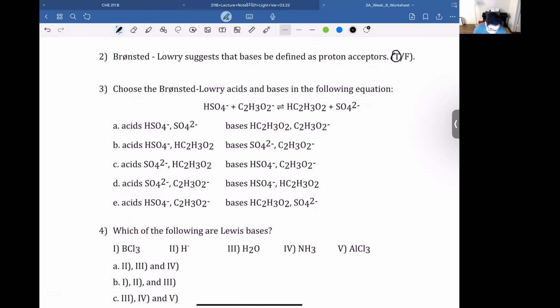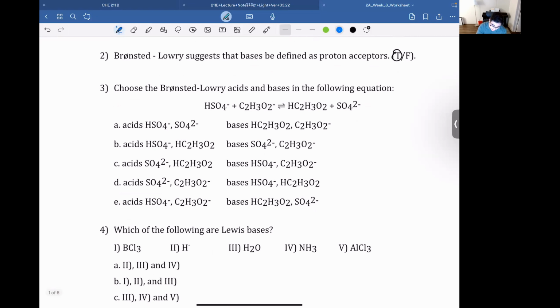Choose the Bronsted-Lowry acids and bases in the following equation. The first thing you want to do is look at your reaction. You look at the reaction, and I'm going to pick one molecule. So I'm picking HSO4, and the molecule it's most similar to on the other side of the reaction is SO4 minus.